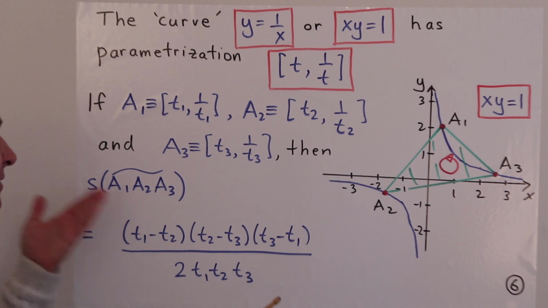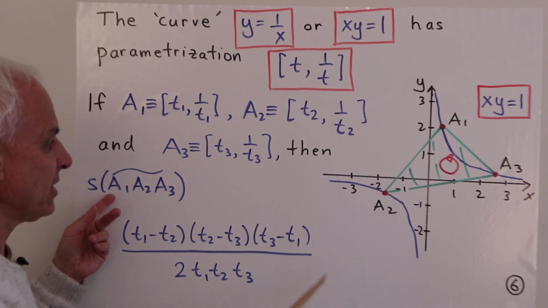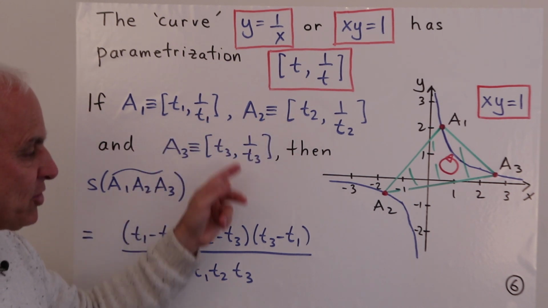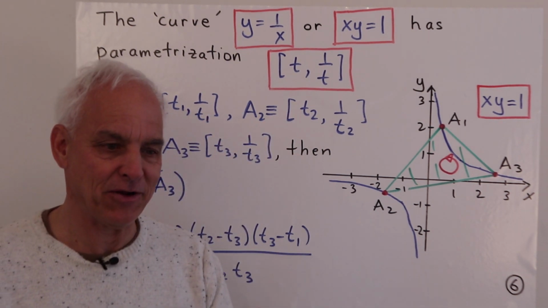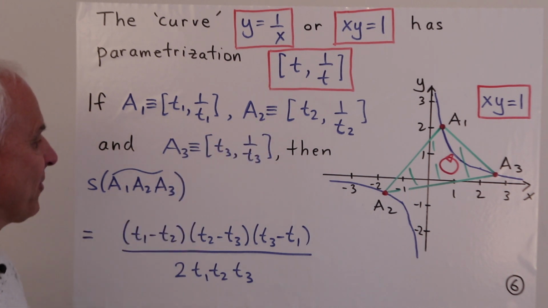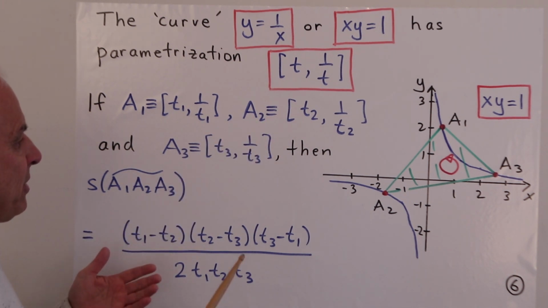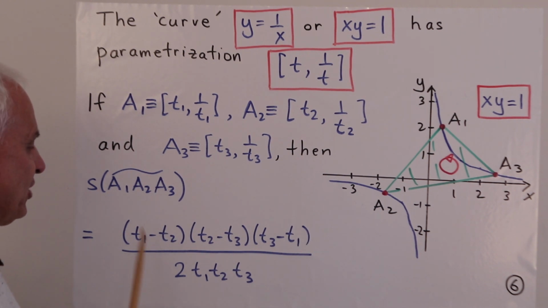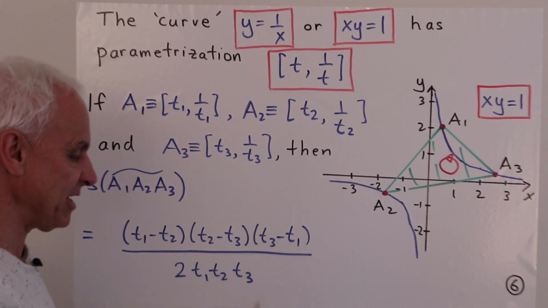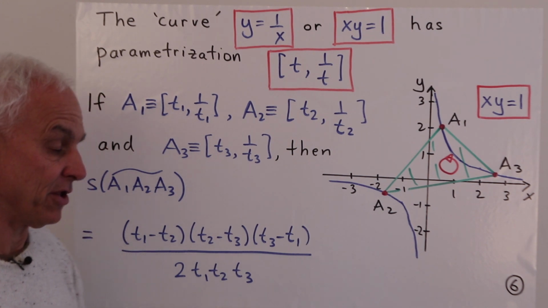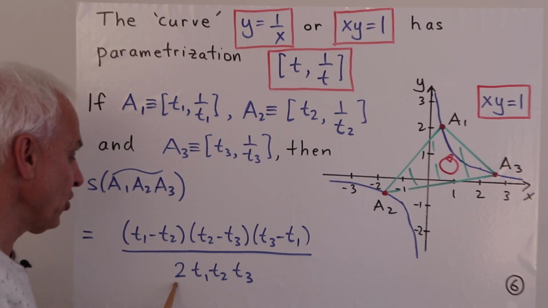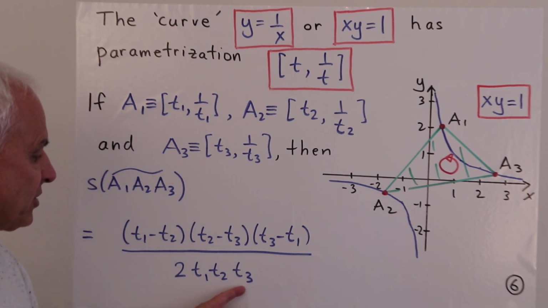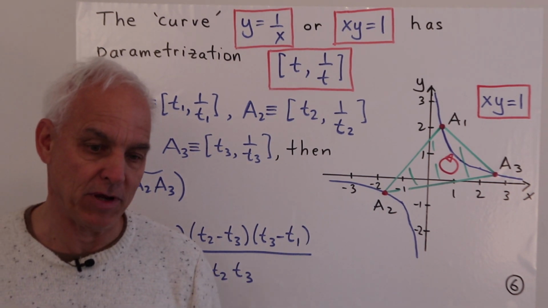And then it's a relatively simple exercise to show that the signed area of the triangle a1, a2, a3, again obtained by taking the sum of the 3 signed areas of the segments, turns out to be simplifiable to the following expression. t1 minus t2, t2 minus t3, t3 minus t1, that now familiar expression in the numerator. But in the denominator, 2 times t1 times t2 times t3. 2 times the product of the 3 parameters.